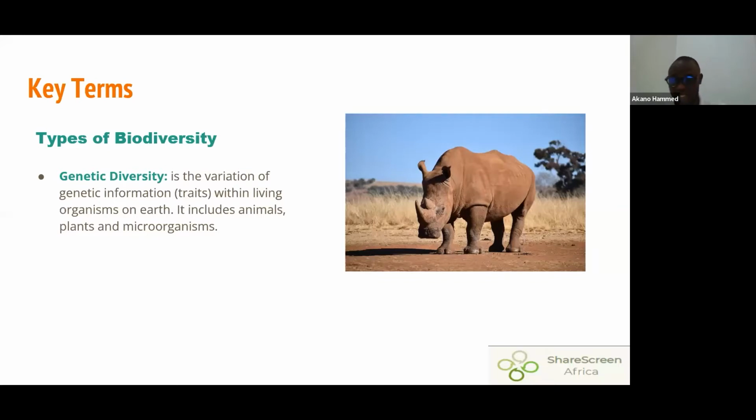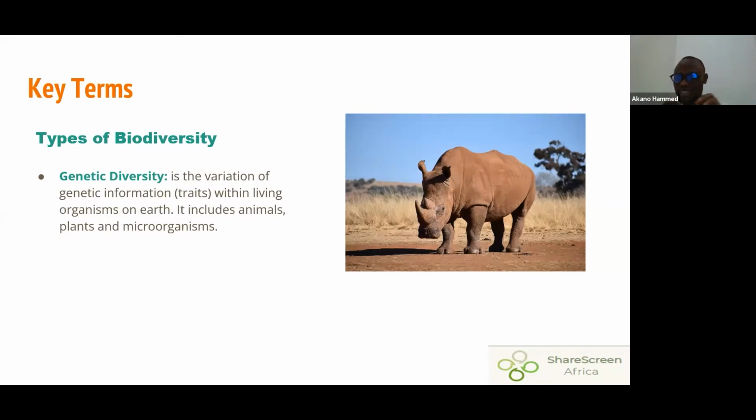For us to understand these terms very well, we're starting with the African rhino. We basically have two rhinos in Africa: the white rhino and the black rhino. The different morphological genetic traits that we can point out from the rhino are their snout and their horns.